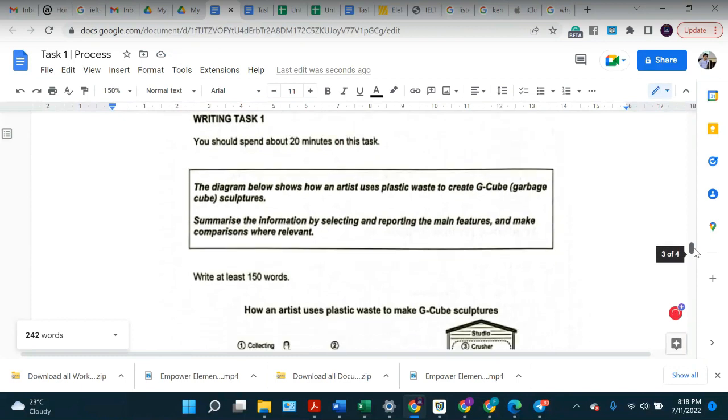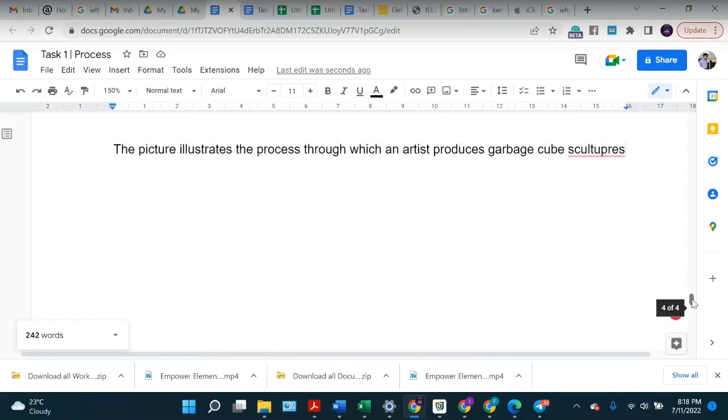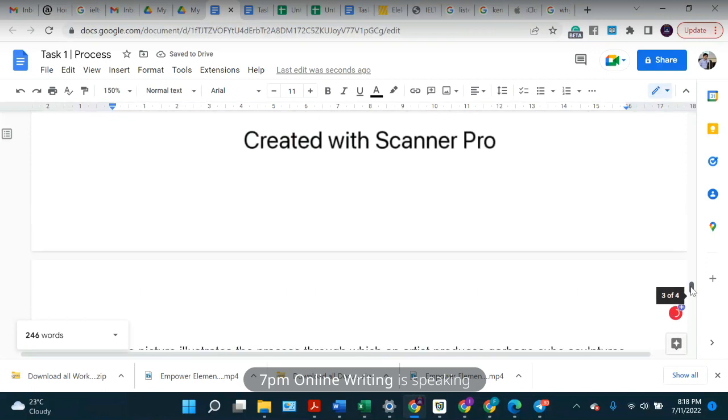Sculptures, the spelling mistake. Yeah. Using plastic waste. Or maybe you can say artists produce garbage cube sculptures out of plastic waste. Shows the process through which an artist produces garbage cube sculptures out of plastic waste. Something like that. Right?